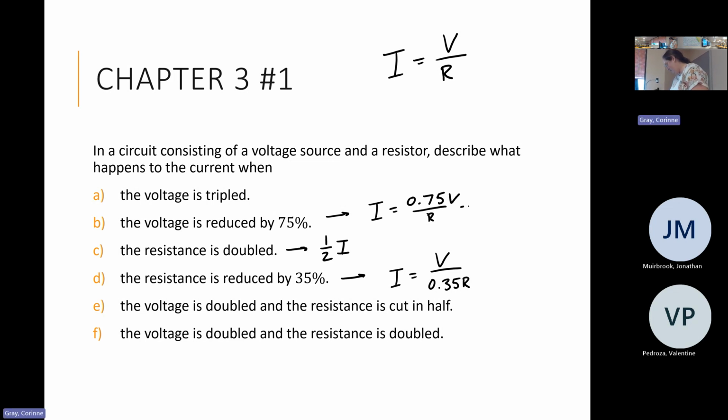So in this case, right, 0.75 V, and so in this case, if I divide by 0.35, what does that get you? Right, because in the case of this textbook, it didn't want you to put a percentage. It technically wants you to put a value. So if you divide by 0.35, what do you get? So your current is now up 2.85.